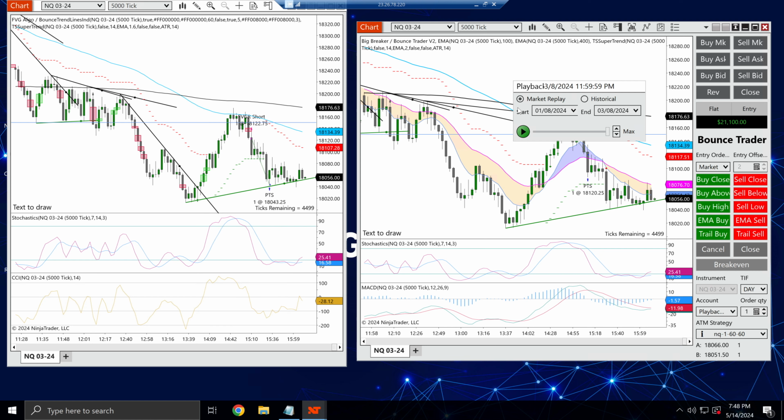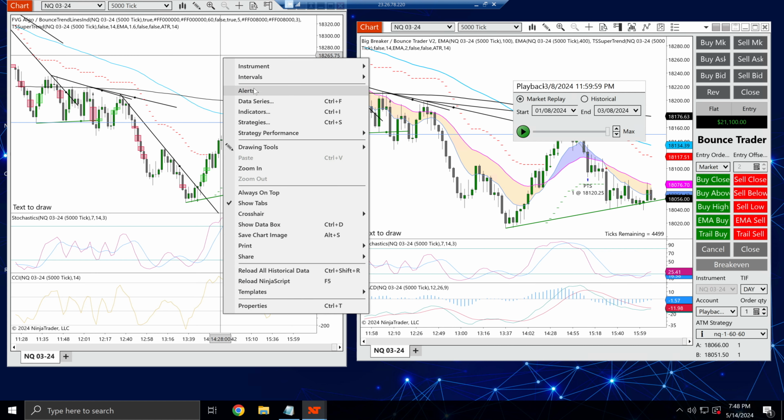There are still nuances you can see on 5,000 tick charts, whereas on 1 minute there's too much noise, or there are no nuances on 5 or 15 minute time frames. So that's just a word on 5,000 tick charts.